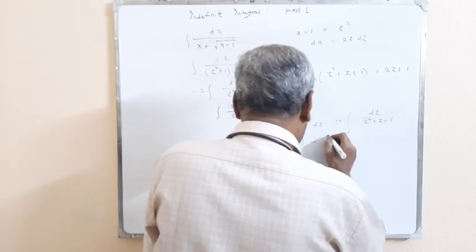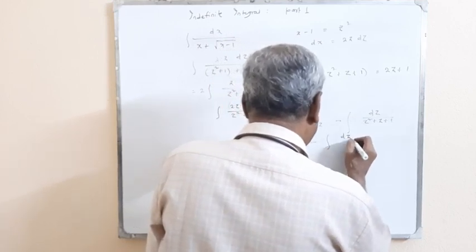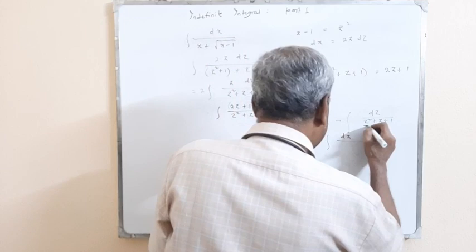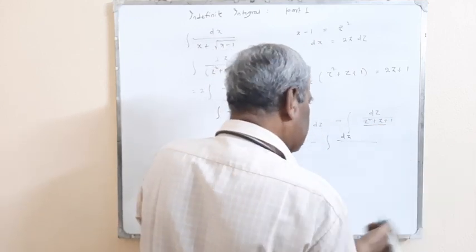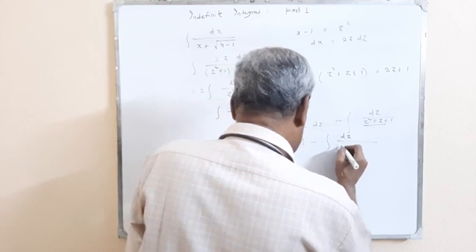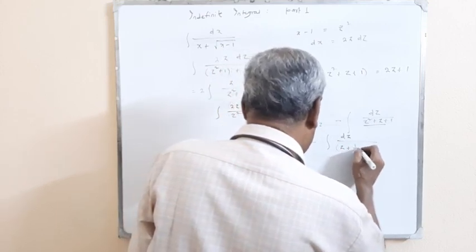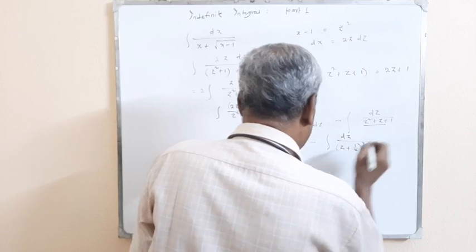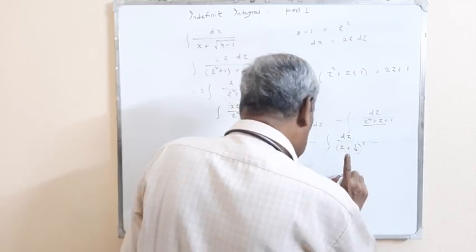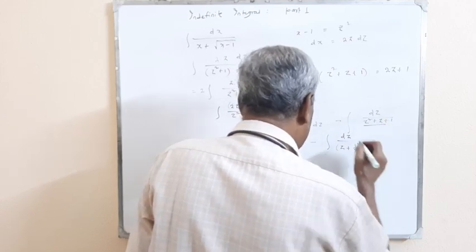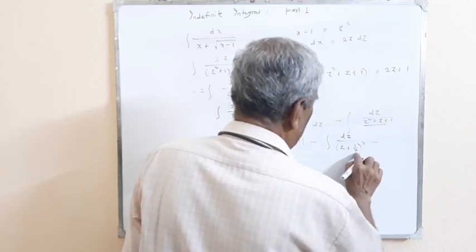So it is equal to dz by, now try to make this a perfect square, then plus or minus some constant. It is actually z plus half whole square. Why? The product term is 2z into half, means z plus 1 by 4.